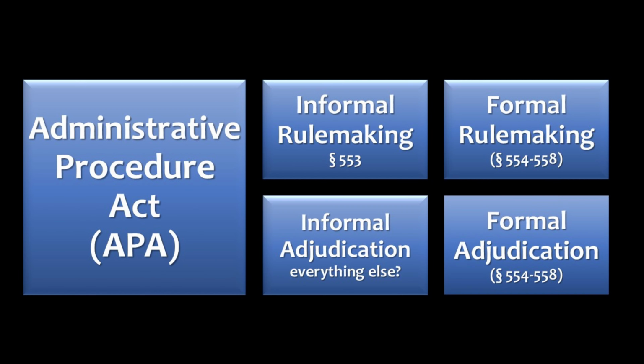Now let's talk about rulemaking. For formal rulemaking, all it says is you follow the same sections that you would for formal adjudication. In other words, to make this rule, the agency is going to have a trial-like proceeding with an administrative law judge, but often it's going to be one of the commissioners or a secretary or administrator of the agency.